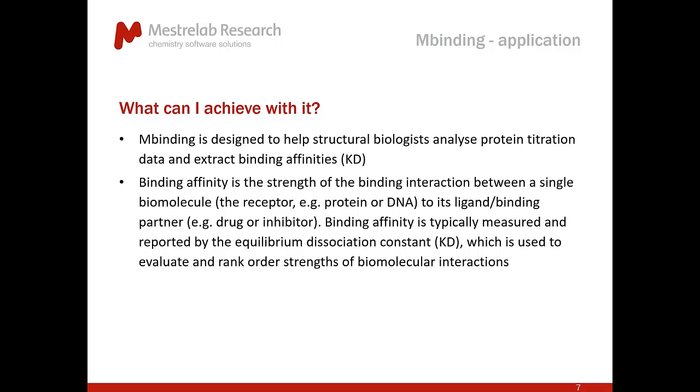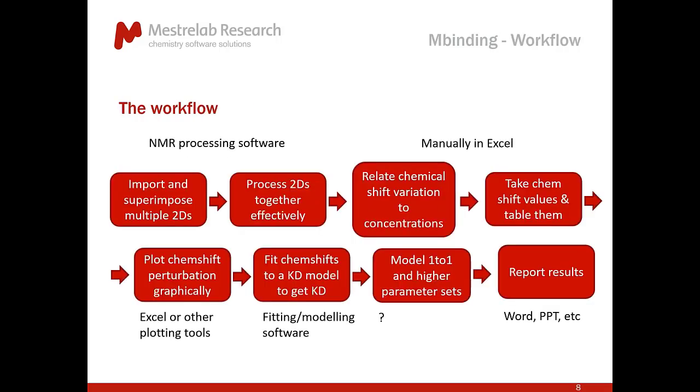And this is basically the workflow that Mnova Binding aims to simplify, so that you can get at this information much quicker. The workflow looks a little bit like this. First of all, you acquire the data. I haven't included that in this slide because here I'm talking about the workflow of our software tool, Mnova Binding.